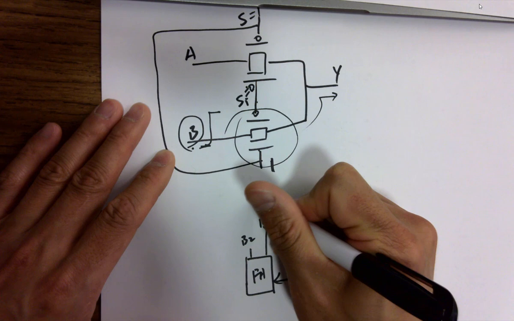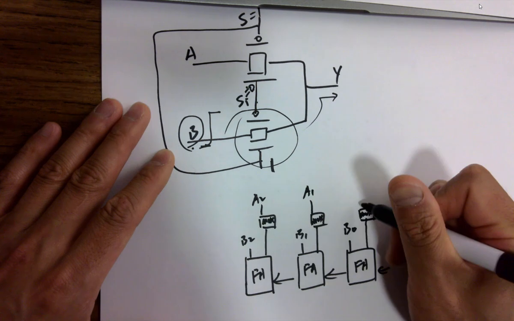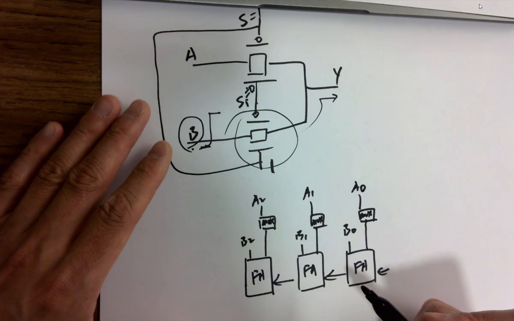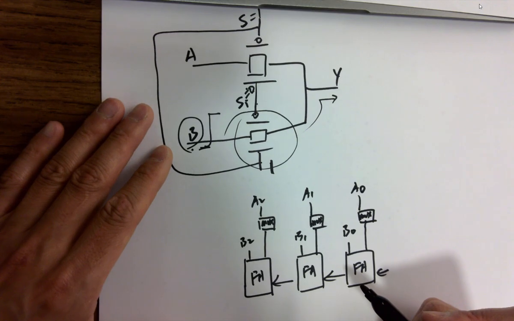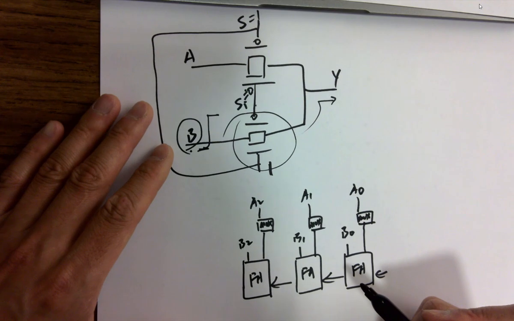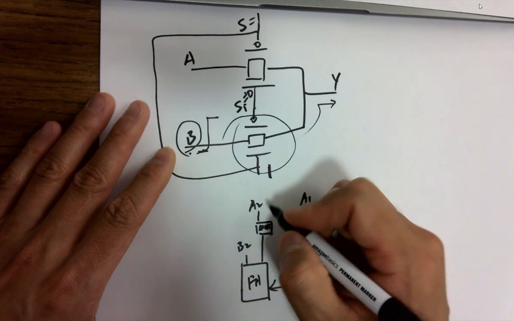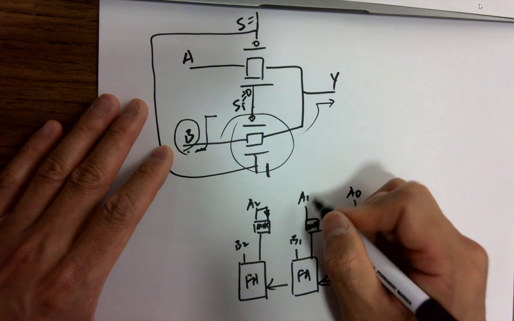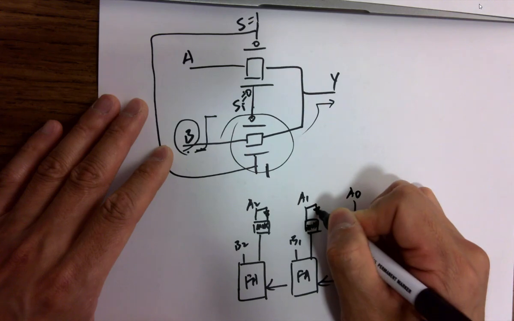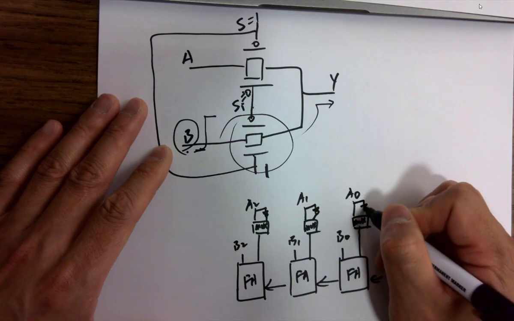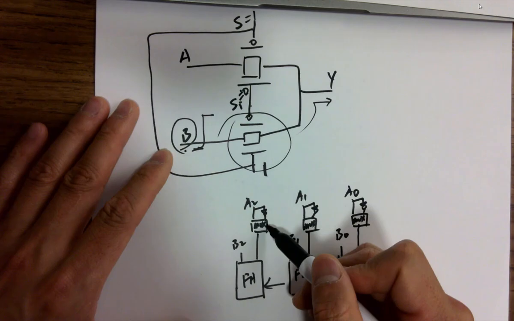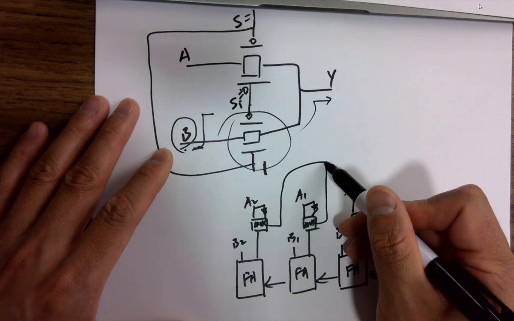You have A2, A1, A0 here, and inverted A, so you put an inverter here as a second input. And then you have a selection bit being shorted together.